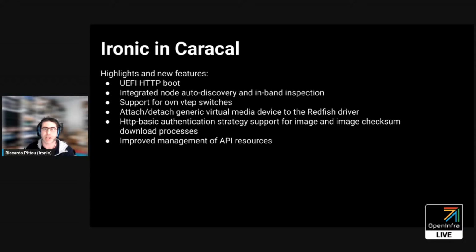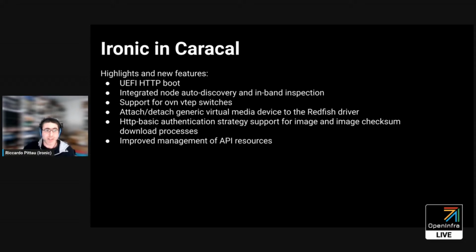The inbound inspection enables the inspection feature for the inspector agent now integrated in Ironic, and the auto discovery allows enrolling new bare metal nodes automatically by booting using the IPA RAM disk, which is the Ironic Python Agent, a special RAM disk that runs on a bare metal node and provides information in terms of inspection data, and then it adds the node automatically into Ironic.